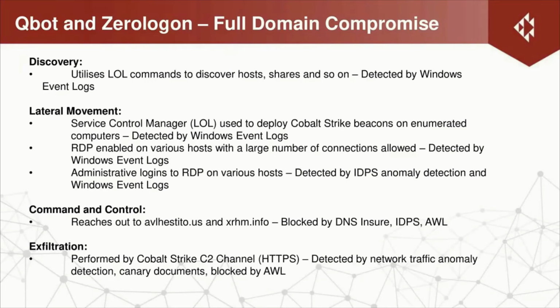These can be blocked by a number of different techniques. Primarily it's DNS, blocking the known bad domain. IDPS, if there is a signature for that particular domain or IP address or range. And I've put in here also application whitelisting at a network level. So this is a HTTPS encrypted process.